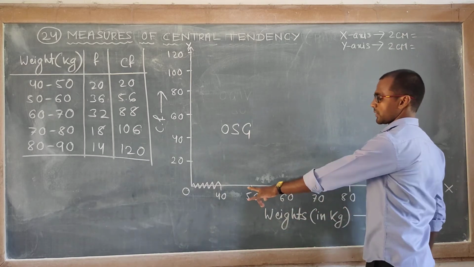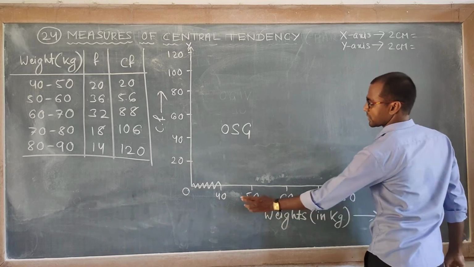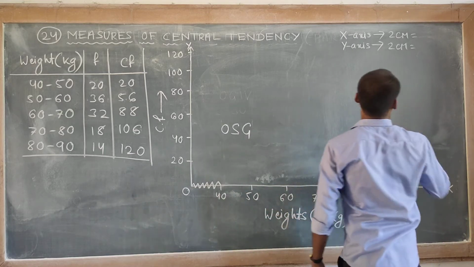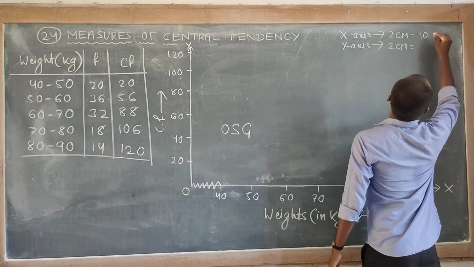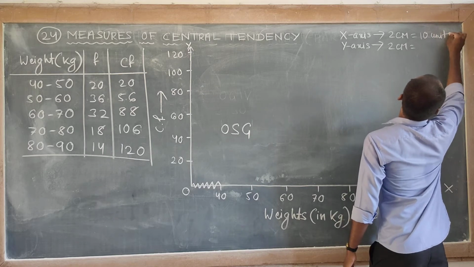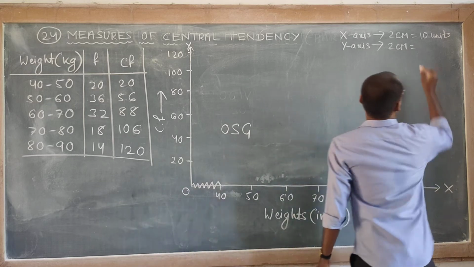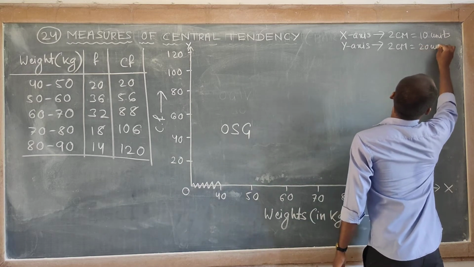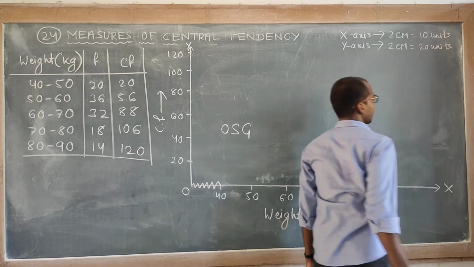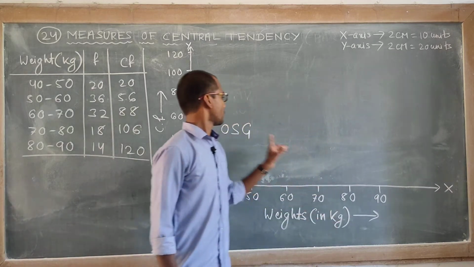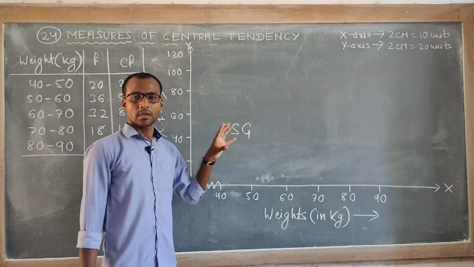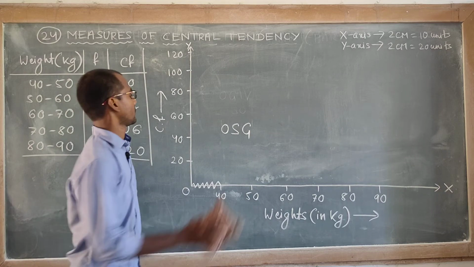Okay. So along the x-axis, what is the scale? 2 cm is equal to 10 units, as you can see. Along the y-axis, what is the scale? 2 cm equal to 20 units. Ready? So outline is over, scale is over. Now we will move to graph.